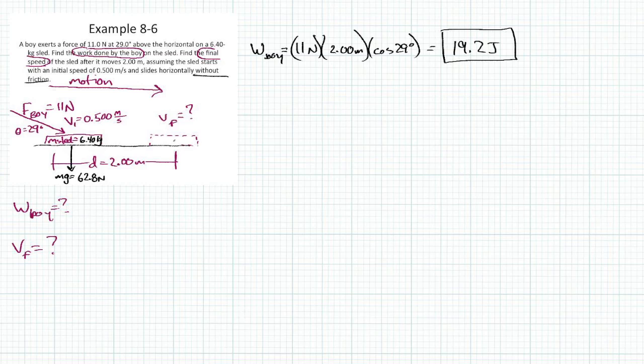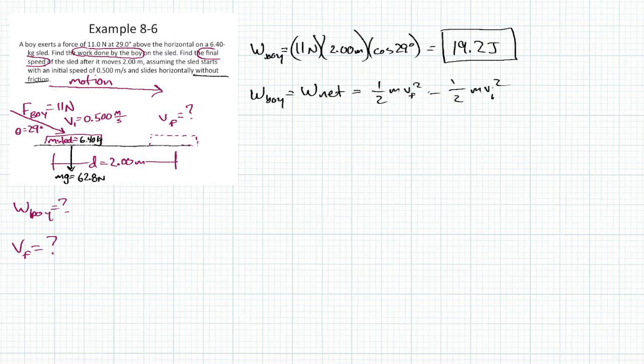So that's the work done by the boy. But it's also true that the work done by the boy is really the net work done on the sled, because after all, there is no friction. And that equals, if we refer to our work kinetic energy theorem, 1/2 m v final squared minus 1/2 m v initial squared.